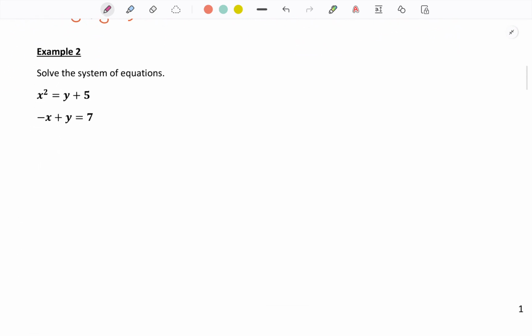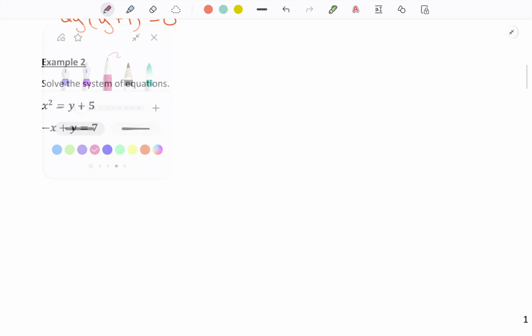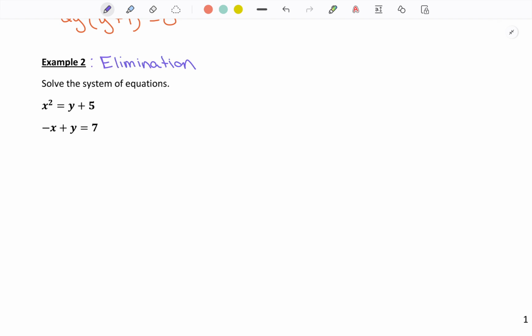So for example 2, we are actually going to do elimination for this system. So we are going to go ahead and put everything on one side of the equation. So on this top equation, we subtract y and the 5. So we will have x squared minus y minus 5 equals 0.